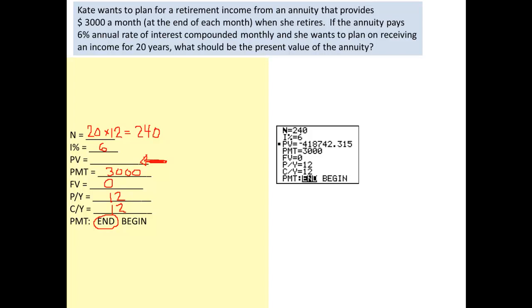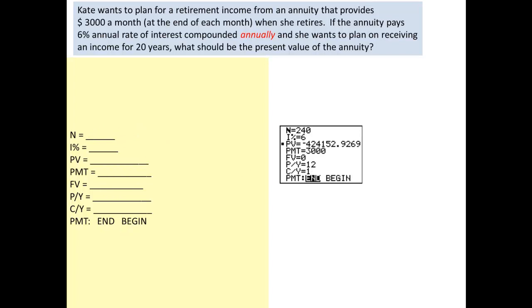We draw out $3,000 every month, and we're hoping that this will last for 20 years, meaning that the money runs out at the end of 20 years. So we've got a future value of 0. And when we alpha solve for present value, the calculator determines that we would initially need just over $400,000 for this money to last 20 years.